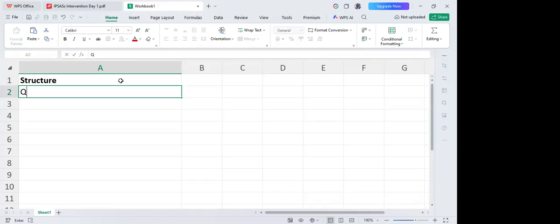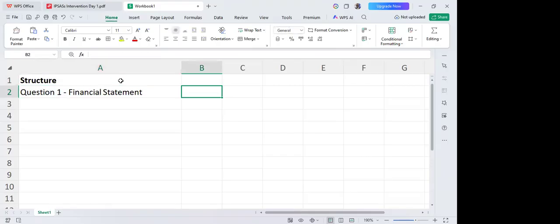So we're expecting question one to be on the financial statements, and that will be for 20 marks. Question one will touch on the financial statements, whether preparing the statement for the consolidated one of Ghana, that's for the whole of Ghana, or you're just doing it for a covered entity.